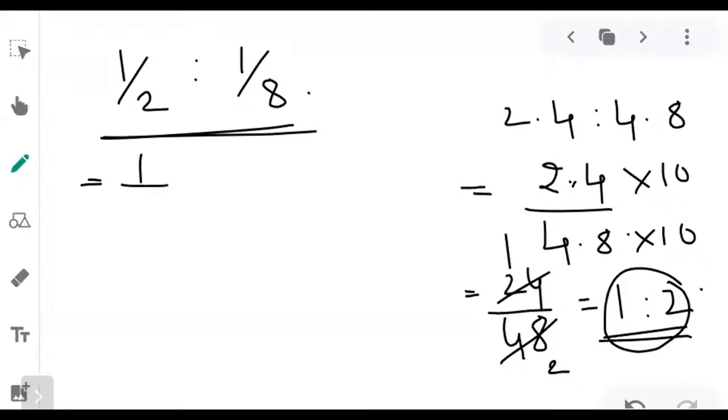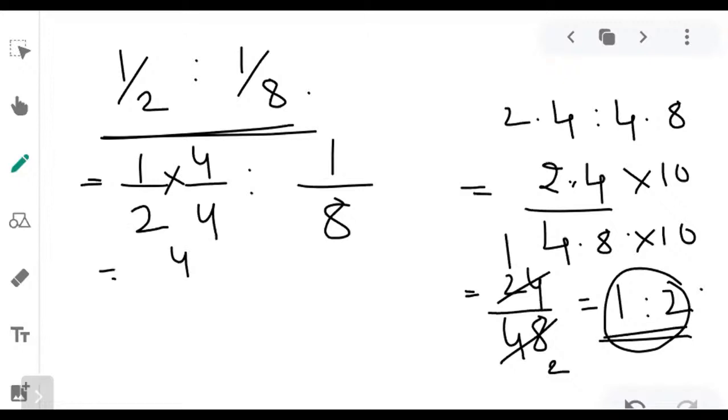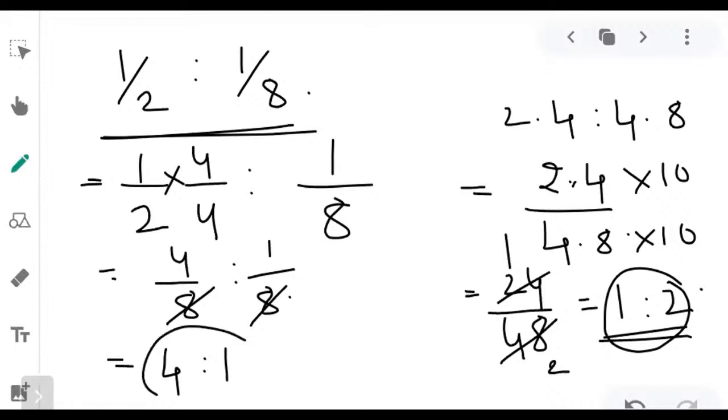Yes, first of all, make the denominator equal. You know how to do LCM, right? So what is the least common multiple here? 8. So try to make this into 8. 4 by 8 is to 1 by 8. Then you can cancel off the denominator. So my simplest form is 4 is to 1.